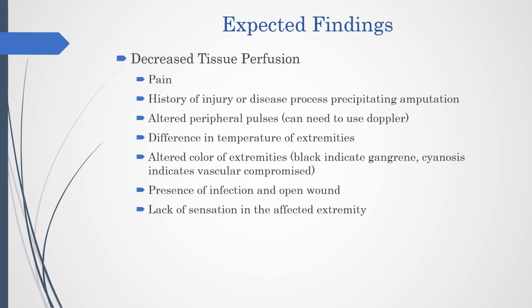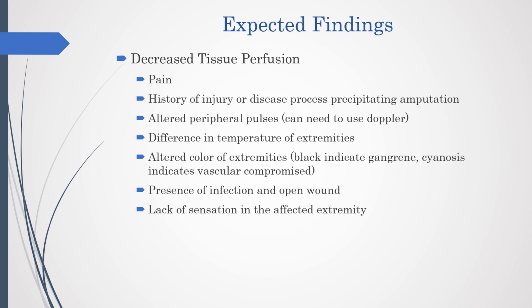What do we plan for a patient with poor perfusion? When you assess a patient with poor perfusion, what would you find as data, symptoms, and signs that place the patient at risk for amputation?